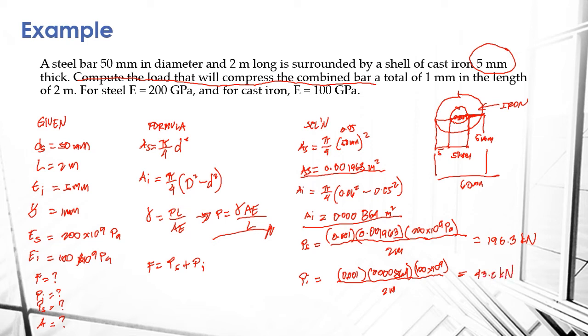Next, since we are looking for the load, the combined load of the two, the force is equal to 196.3 plus 43.2, which is equal to 239.5 kilonewton. So, that is the total force or total load that compresses the bar. Okay?